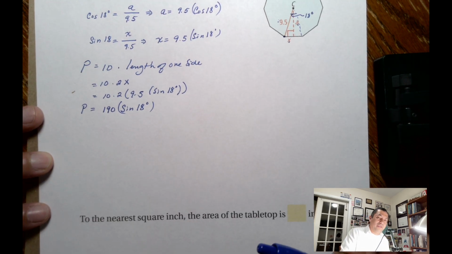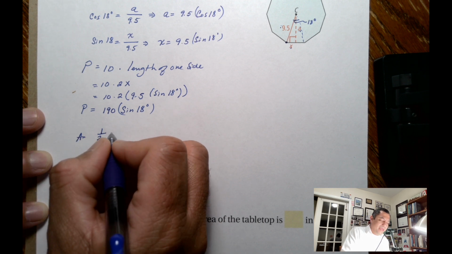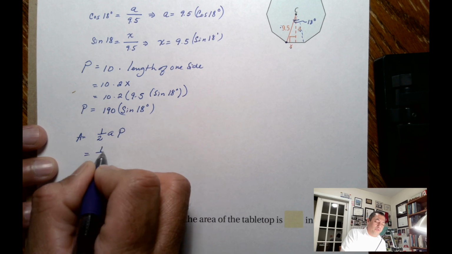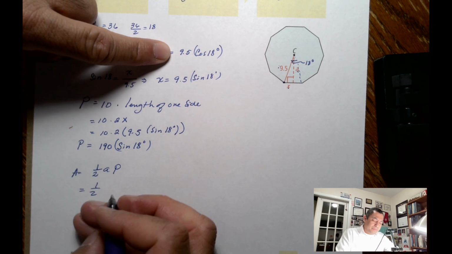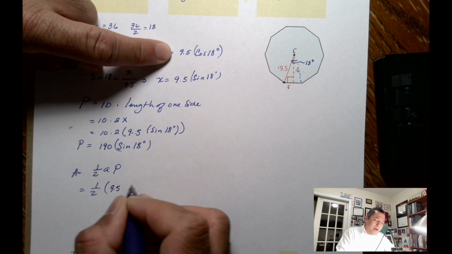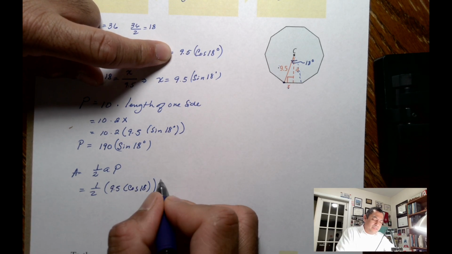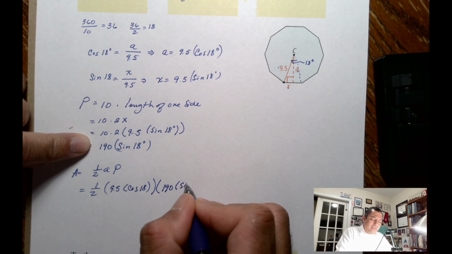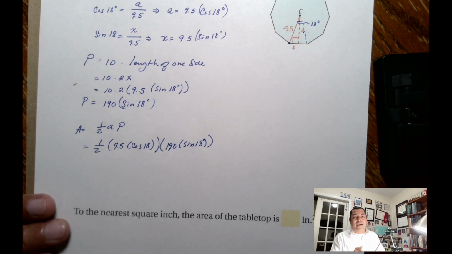So now I can calculate the area, which is equal to 1/2 the apothem times the perimeter, which is equal to 1/2 apothem. What is the apothem? 9.5 cosine of 18 times the perimeter, which is 190 sine of 18. And now we are going to plug in everything in the calculator.